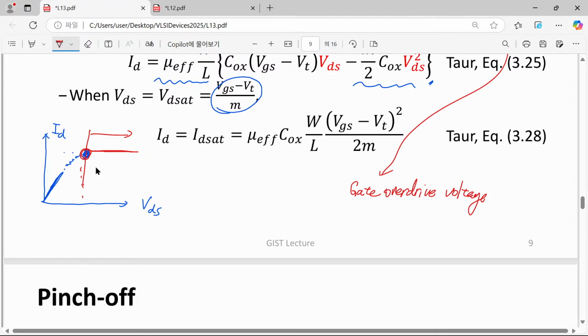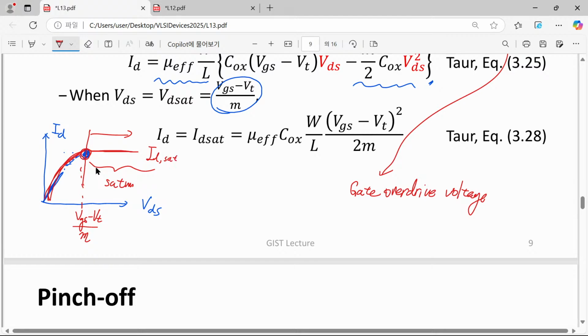So simply speaking, we have parabolic behavior when drain voltage is lower than gate overdrive voltage divided by m. Beyond that value, we say that this is a saturation region, and in this case we will have just a straight line. So this current level is the saturation current.